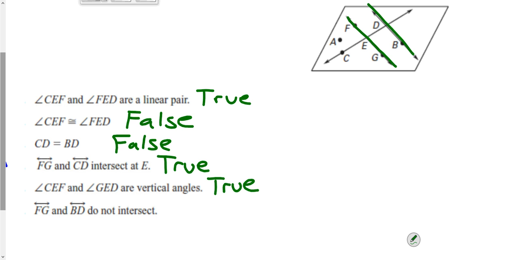Even though in this image they do not intersect, we cannot conclude that. Remember, lines are infinite and planes extend out infinitely. They might be slanting toward each other ever so slightly that eventually they could intersect. So this has to be false. We cannot assume that those are parallel and don't intersect. If we were told those two lines are parallel, then we know that they won't intersect. But if we're not told that, we do not know for sure. So that one is false.